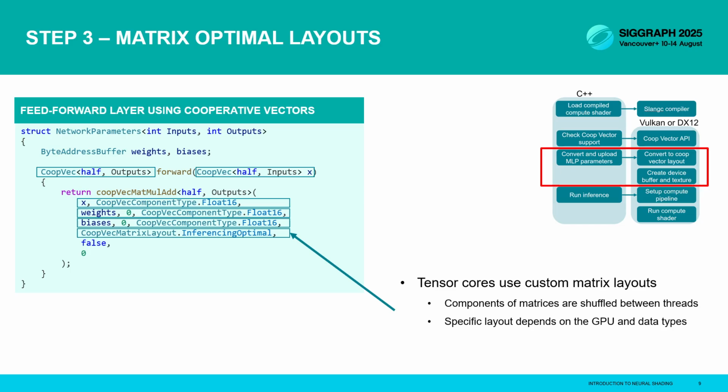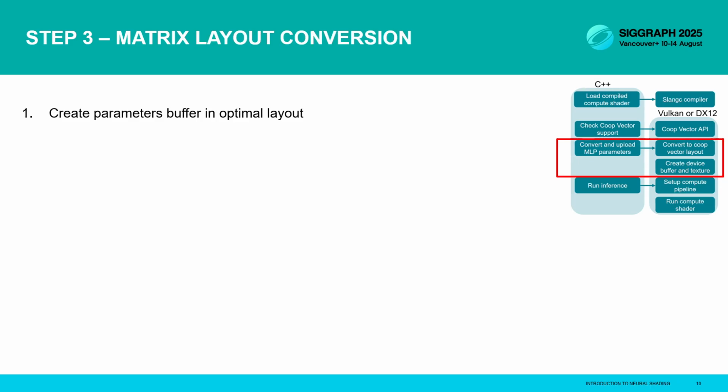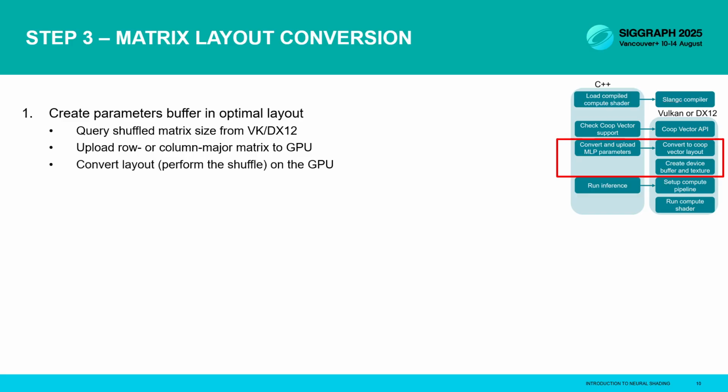Components of matrices are shuffled between threads, and the specific layout depends on the GPU and data types. So what do we need to create a parameter buffer in optimal layout? First, we query the shuffled matrix size from Vulkan or DX12, then upload a row or column major matrix to the GPU, and convert the layout on the GPU to inference optimal or training optimal layout.